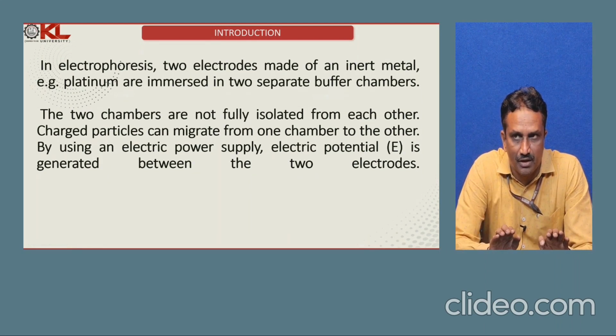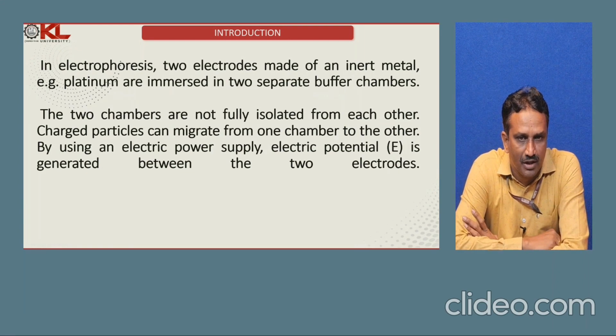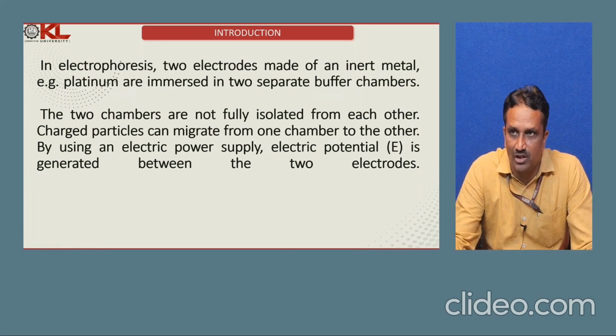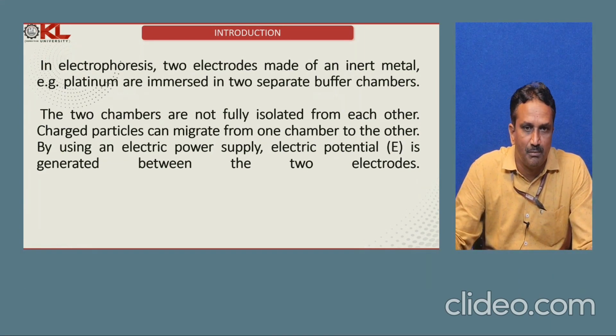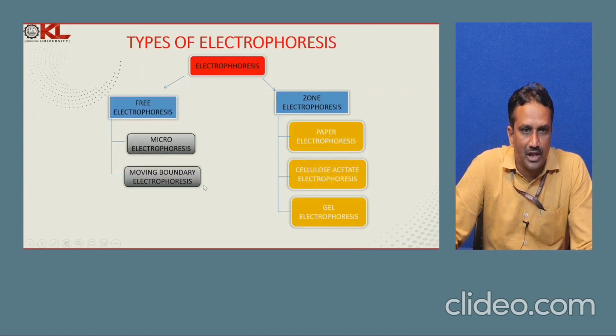The two buffer reservoirs are opposite to each other, and they are not fully isolated from each other. Charged particles can migrate from one chamber to the other. When you apply electric power, a field is generated between these two electrodes. There will be two electrodes, one is cathode, the other is anode, where the buffer flows from one to the other, making the molecules get separated.